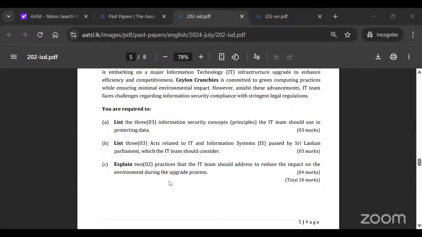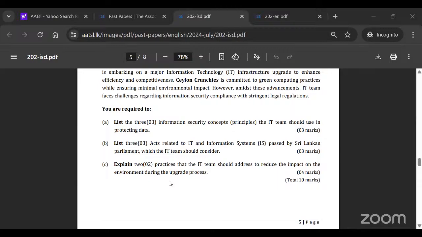Next question. List 3 acts related to IT and information systems passed by the Sri Lankan Parliament. There are many. We have given around 7. I can remember around 7 acts we have given. Right?